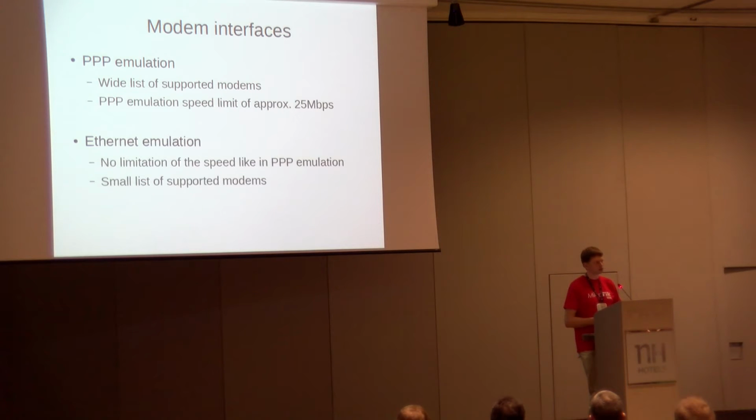But another advantage is that at the moment there's a wider model range supported in the routers, mostly with the PPP interface, because it's very easy to add support for PPP. And it's a lot harder to add support for Ethernet emulation for each module.